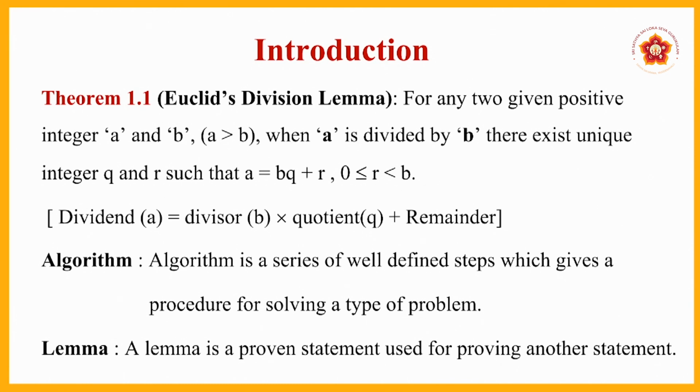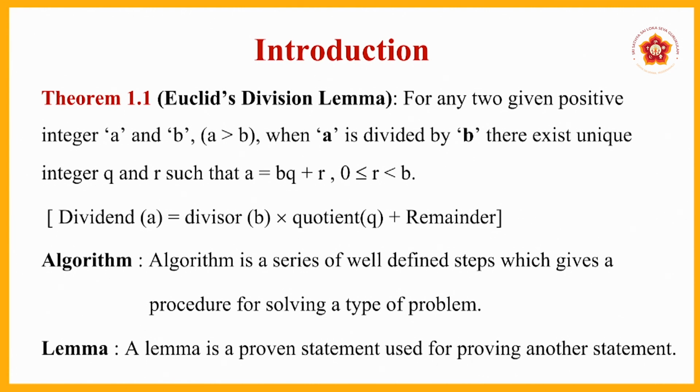Now, in Euclid's lemma, theorem 1.1 states that for any two given positive integers a and b, where a is greater than b, when a is divided by b, there exist unique integers q and r such that a is equal to bq plus r, where r is greater than or equal to 0 and less than b.